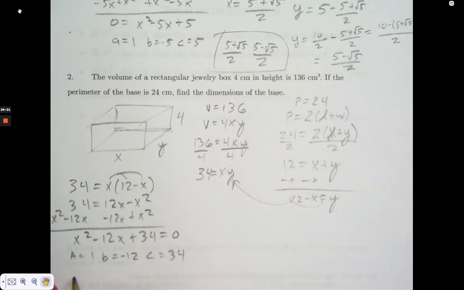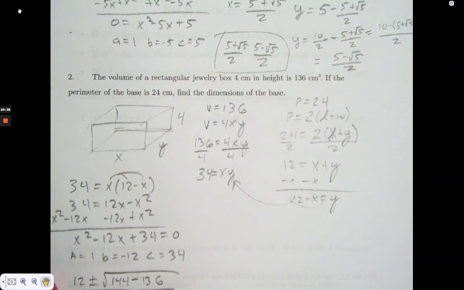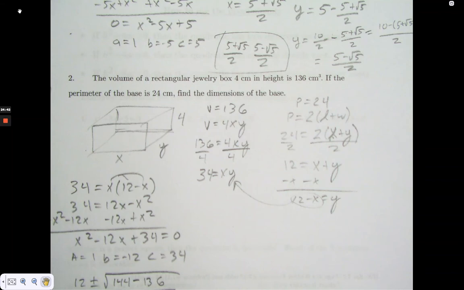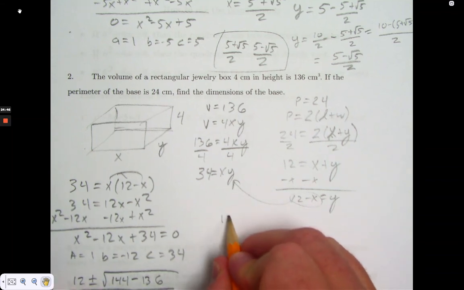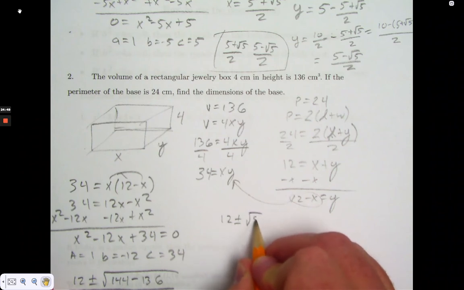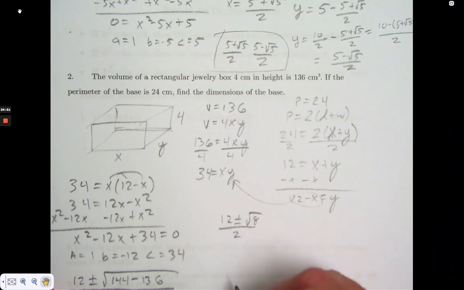So negative 12 is a positive 12, plus or minus the square root of, well, you have 12 squared, which is 144, minus 4 times 1, which is 4, times c, which is 34, which gives us 136, all over 2 times 1, which is just 2. So then that gives us 12 plus or minus the square root of 8 over 2.